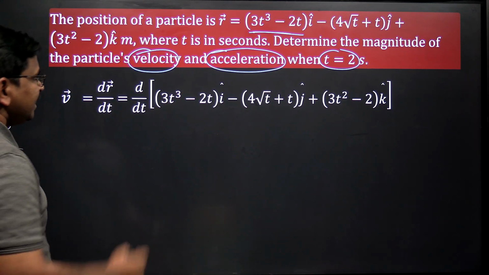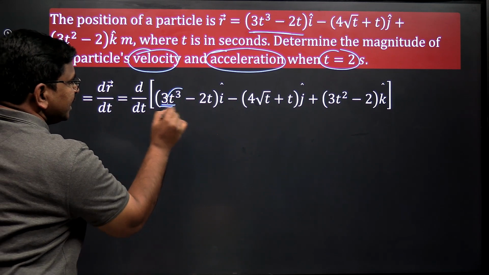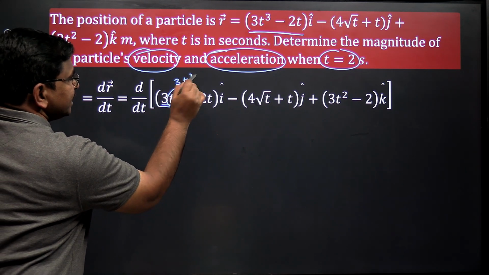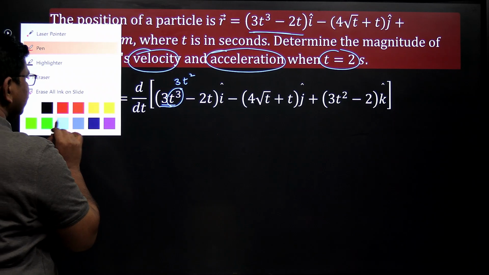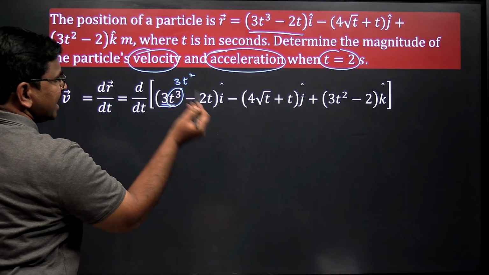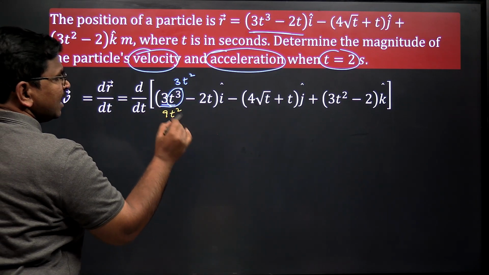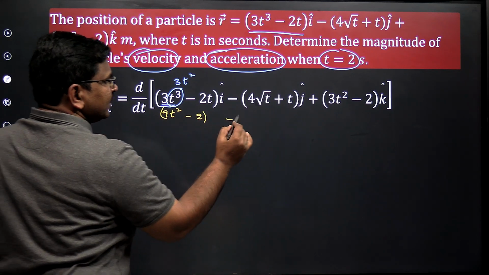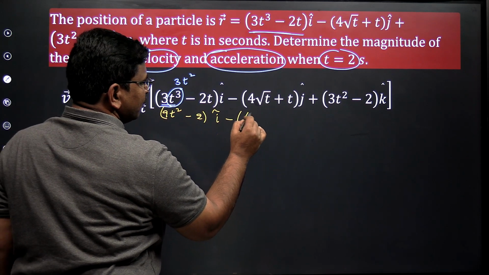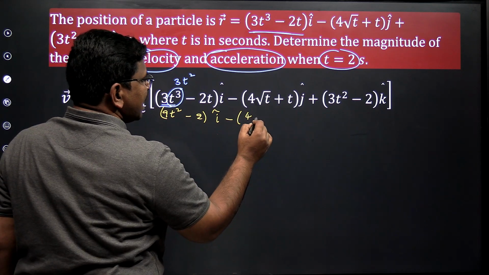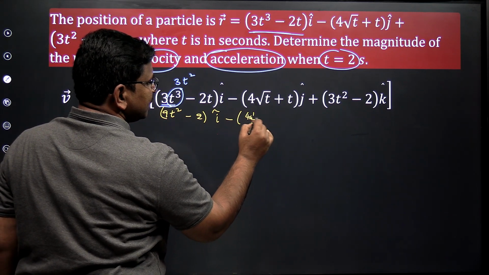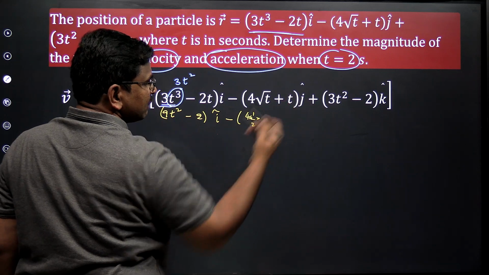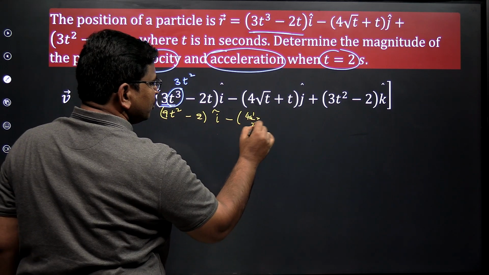We know the derivative of t cube is 3t square, so 3 into 3 gives 9t square, and the derivative of 2t is 2. Here 4 root t is 4 t power 1 by 2, so we get 1 by 2 times t power 1 by 2 minus 1, which is 1 by 2 root t.